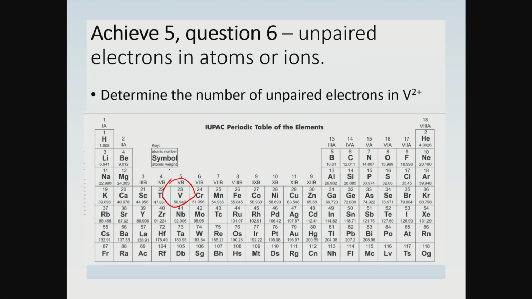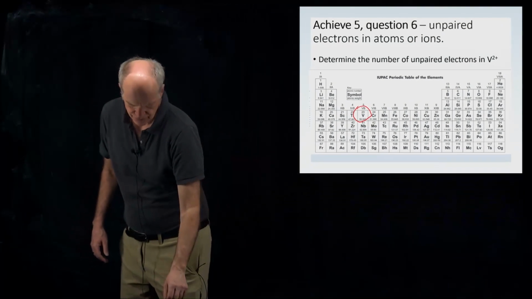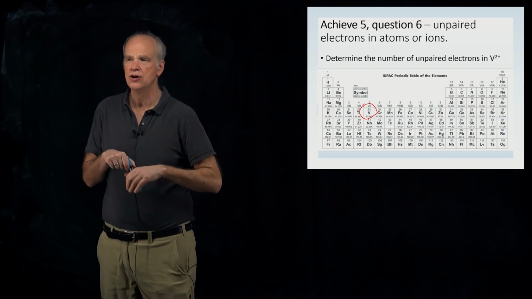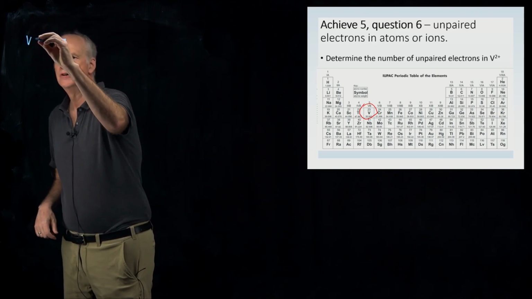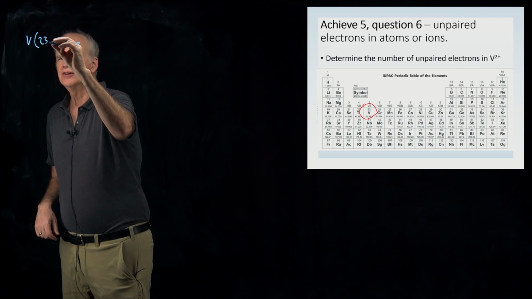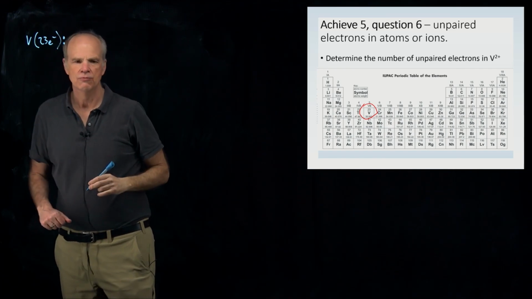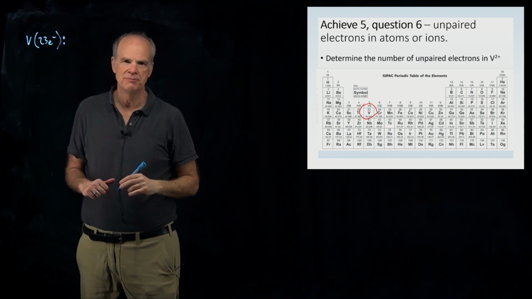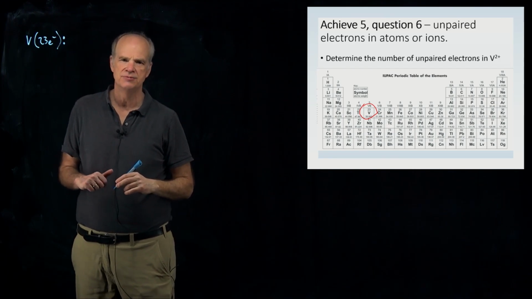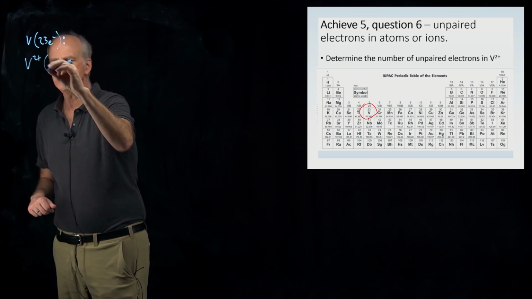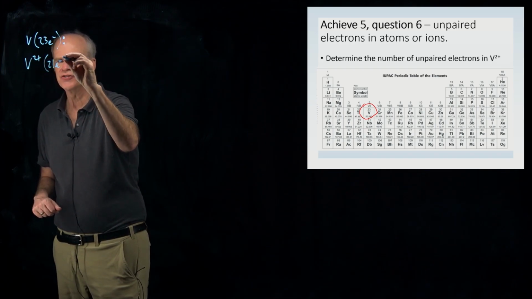So if I can reduce the slide. So we know that vanadium has 23 electrons, but we really want to find out how many unpaired electrons there are in the vanadium 2+ cation. And so that is vanadium 2+, and it's 21 electrons.